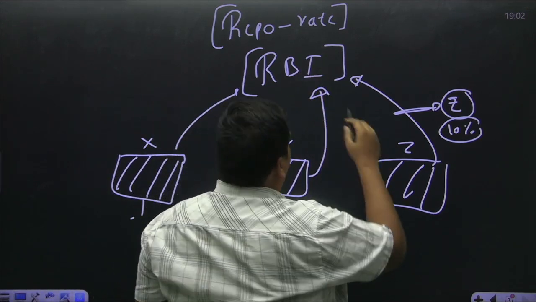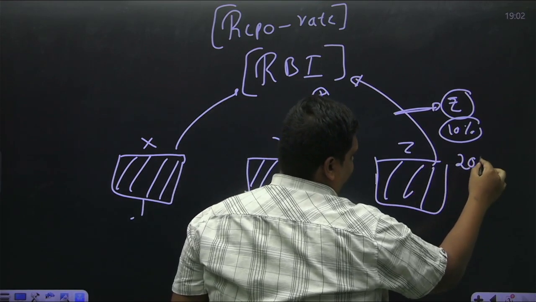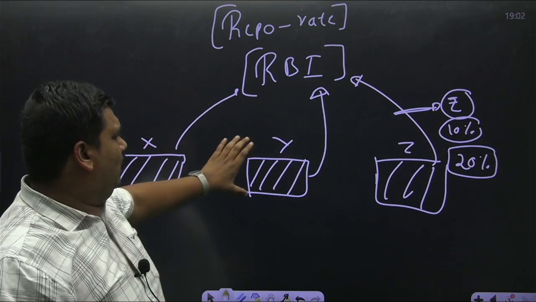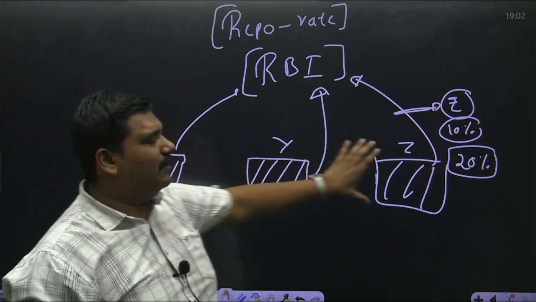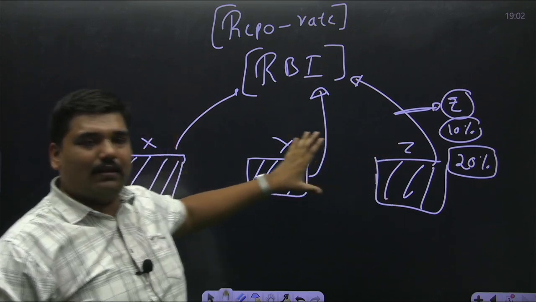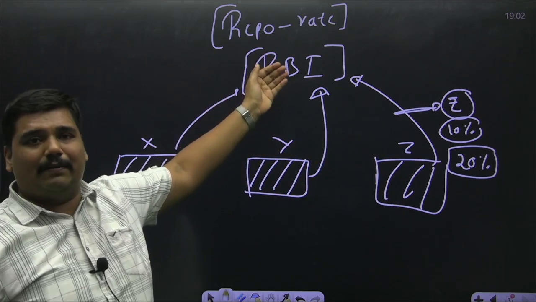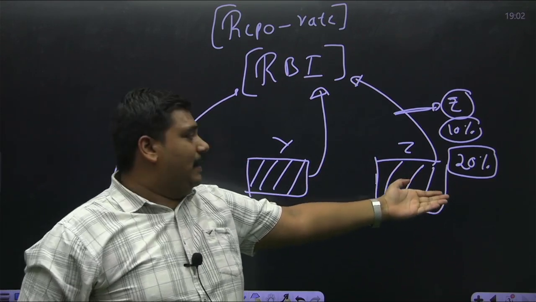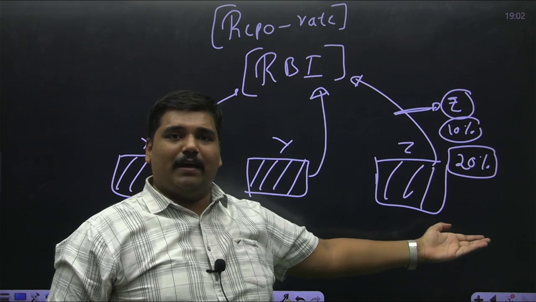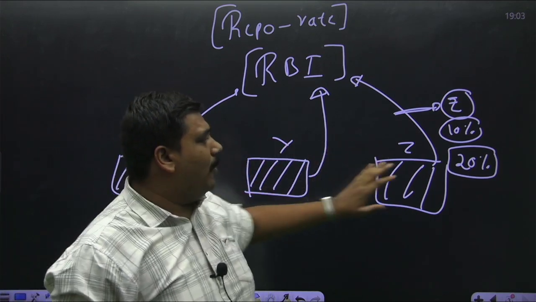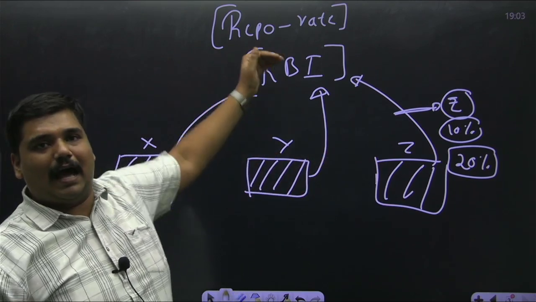But when the RBI increases the repo rate, it means that loans for the banks will become costly. It will become difficult for the banks to borrow from RBI because after borrowing, they should also pay the interest. If the interest is greater, it will not be economically viable for the bank. Therefore, banks will stop borrowing from the RBI.